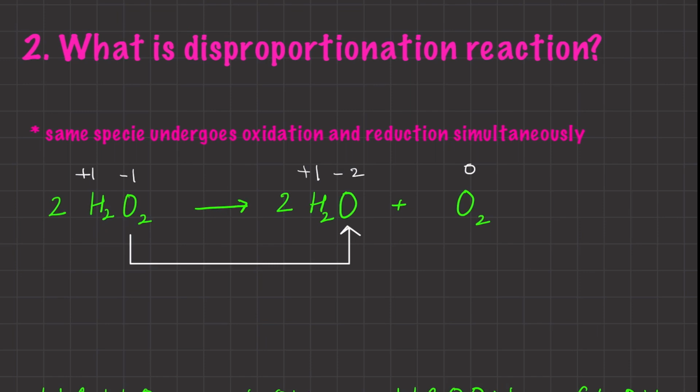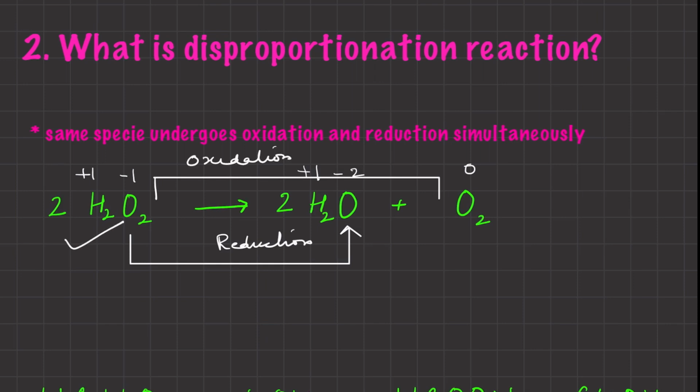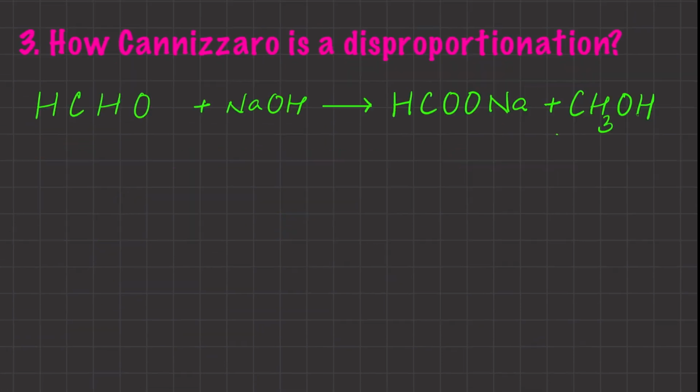The oxidation state of oxygen has gone down, so this is a clear-cut case of reduction. And if you look at going from H2O2 to O2, there is an increase in oxidation number, so this is a clear-cut case of oxidation. So the same species is undergoing oxidation and reduction, so this is a disproportionation reaction.